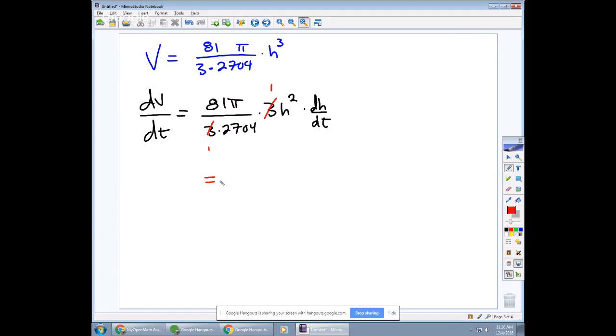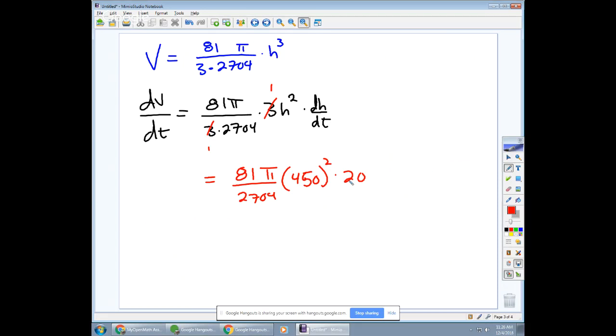So then plug in stuff. On one side, I've got 81 times pi over 2,704. h is 450 centimeters, squared, dh dt is 20.